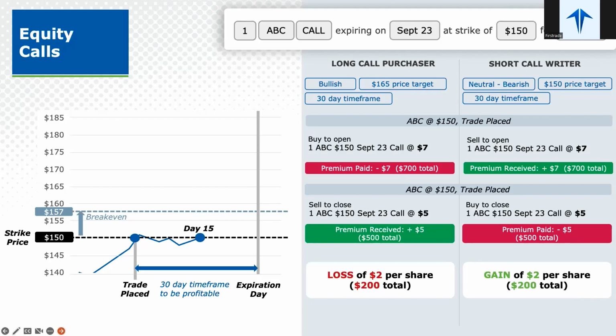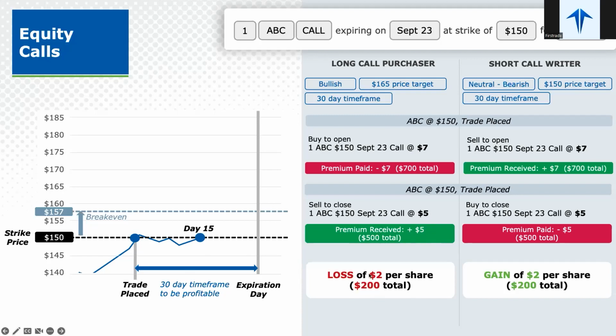All right, so let's see what happened if ABC was very sideways and just went to 150 on day 15. Well, the long call purchaser could say, you know what, I expected it to go to 165. It hasn't moved at all. I'm going to go ahead and sell back some of that time that I purchased. And they decided to close their option for $5, 500 total.